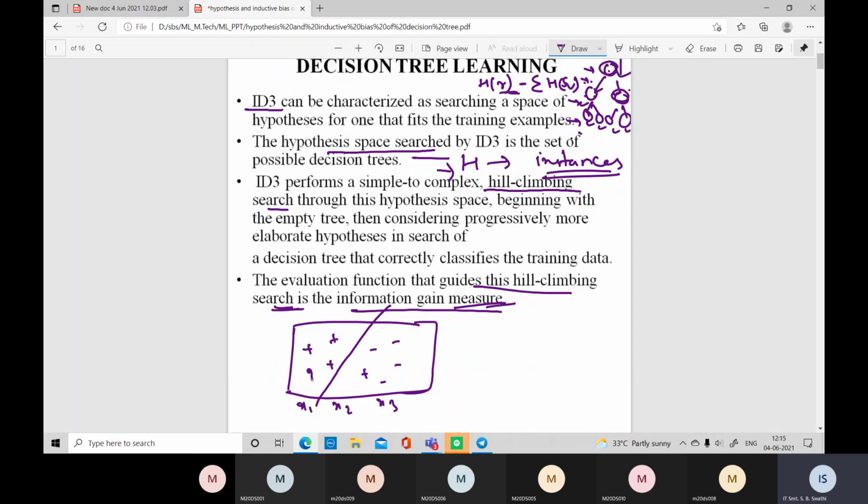If a new instance is given, we identify whether it is close to this section of the classification or towards that section. If the new point is closer to most of the positive instances, the result will be a positive instance.